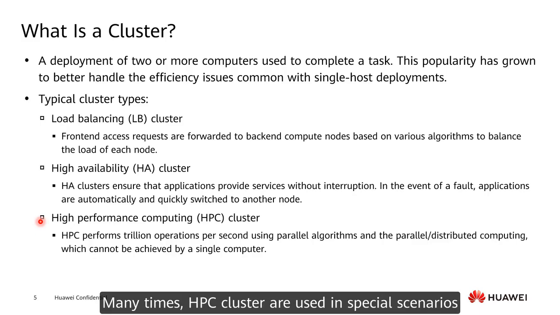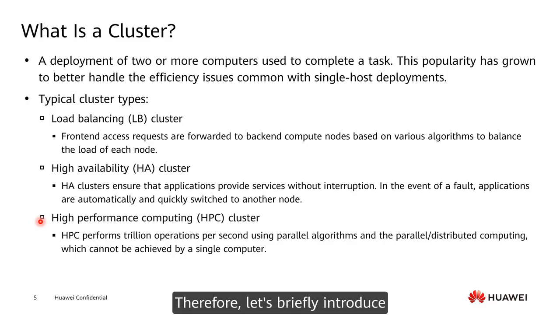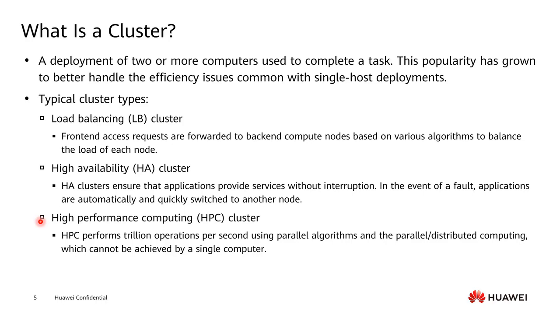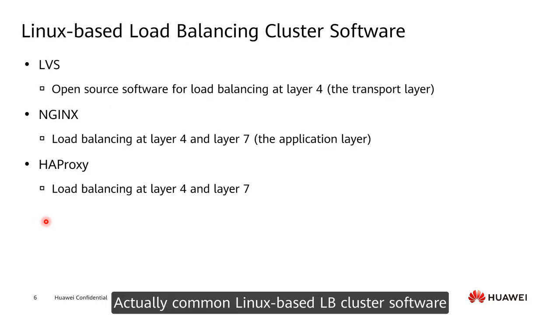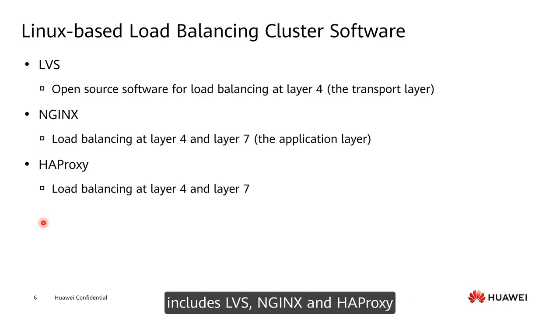Many times, HPC clusters are used in special scenarios. Therefore, let's briefly introduce the load balance cluster and high availability cluster. Common Linux-based load balance cluster software includes LVS, Nginx, and HAProxy, which will be introduced later.